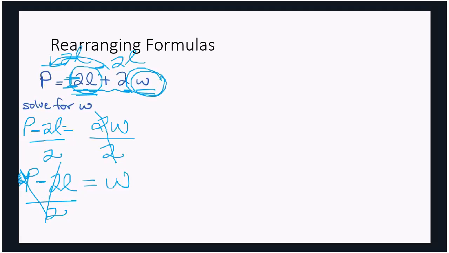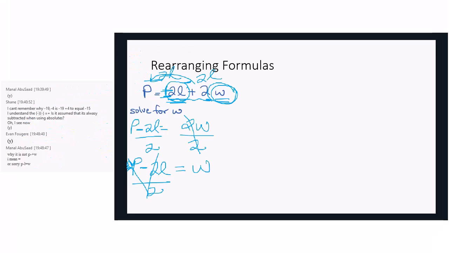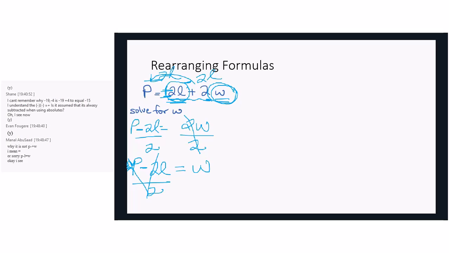If there was a 2 in front of the P, then that 2 would cancel out for both, and I'd be okay. So that's why I couldn't cancel. You were trying to simplify, which is great, but in this case we wouldn't be able to do that.